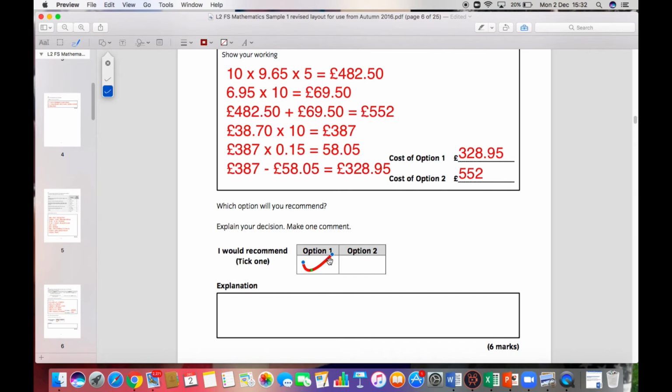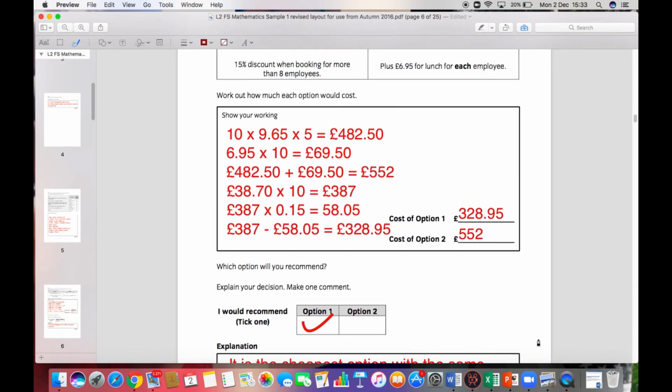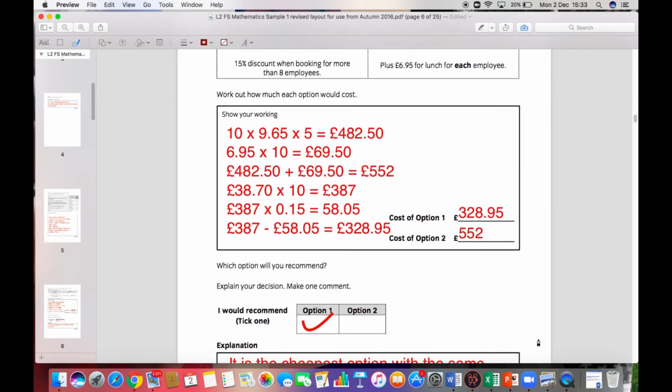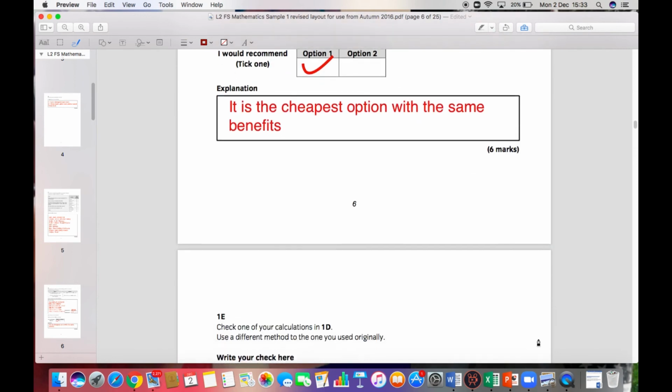So we're going to tick option 1, and in our box we explain that it's the cheapest option with the same benefits. That gives you an entire 6 marks for that question, so I hope that made sense.